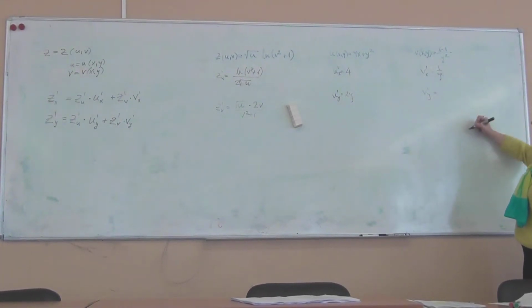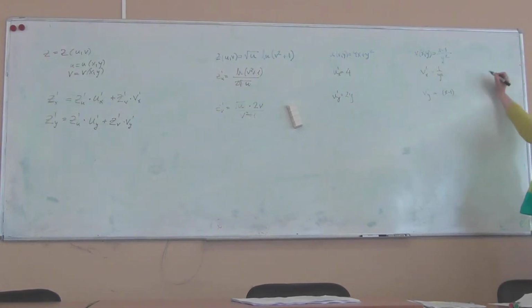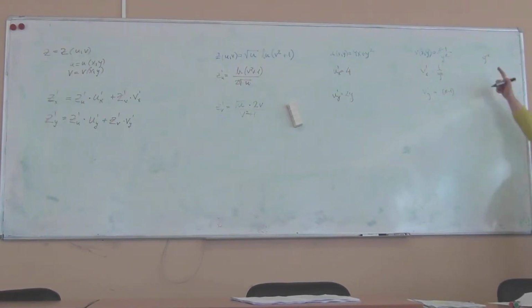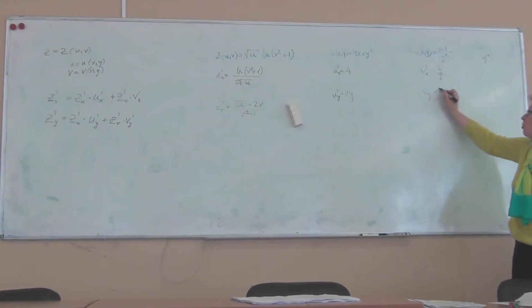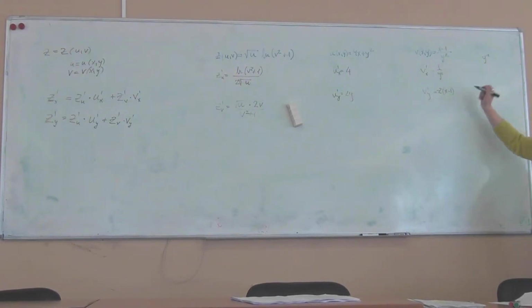And the derivative by y, so we have the constant x minus 1 multiplied by y to the power minus 2. If we derive that, we multiply by minus 2, so minus 2 becomes a factor, and the exponent becomes minus 3. So I divide by y cubed.